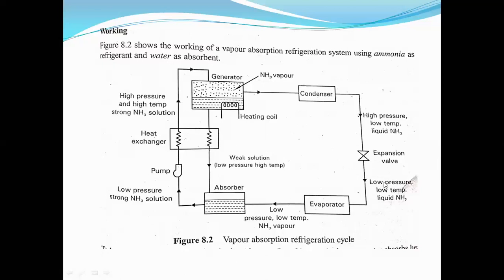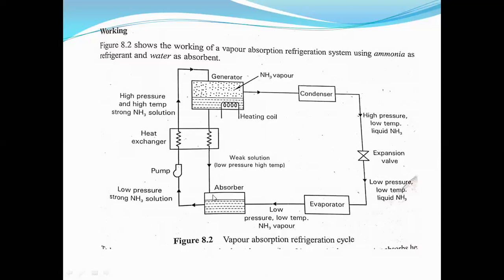The low pressure, low temperature liquid ammonia enters into the evaporator, thereby absorbing the heat. The change in phase takes place from liquid to vapor. So we'll have the low pressure and low temperature ammonia vapor. It is weak.